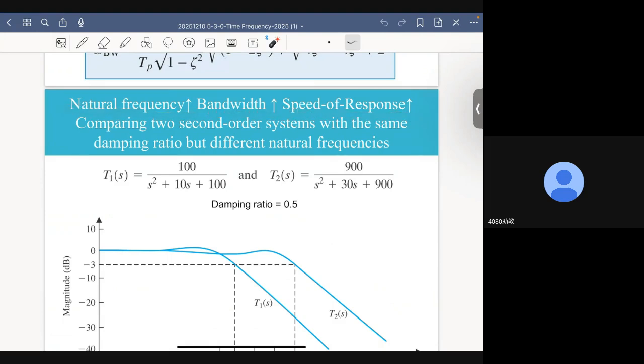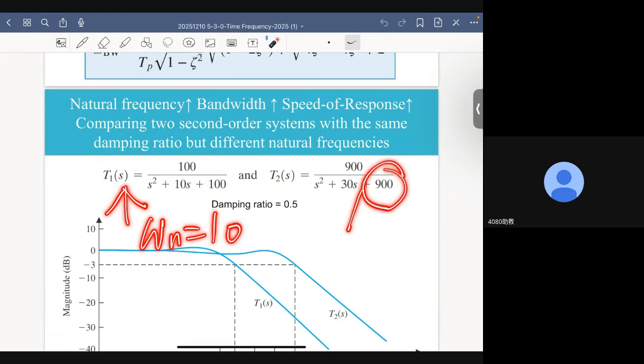Let's look at another example. Here, we are comparing two second-order systems with the same damping ratio. Both of these systems have a damping ratio of 0.5, but different natural frequencies. Since this term is omega n squared, the natural frequency of this system is 10.